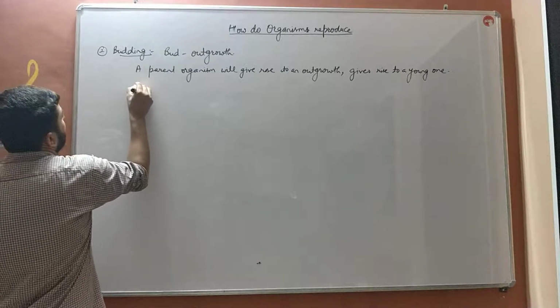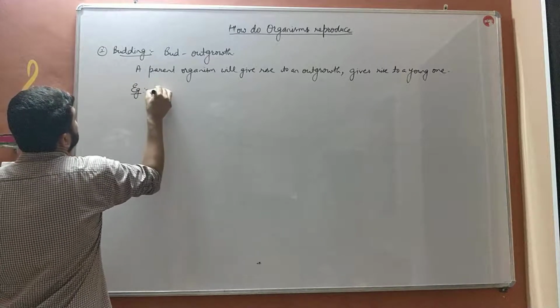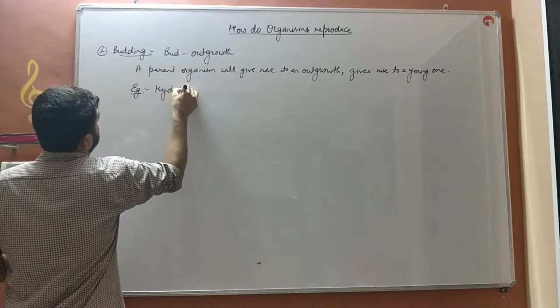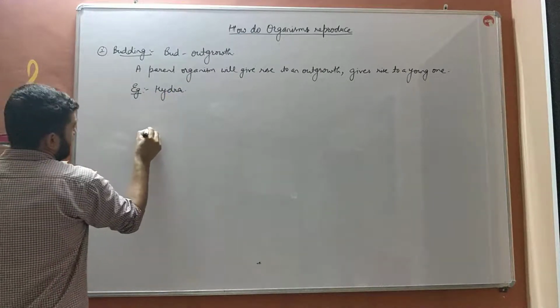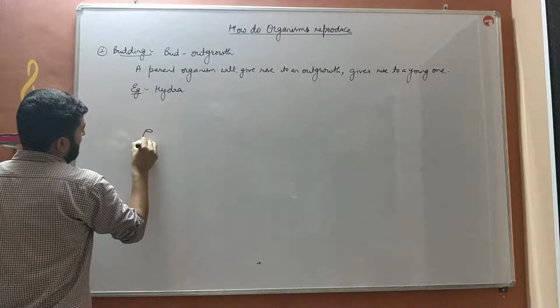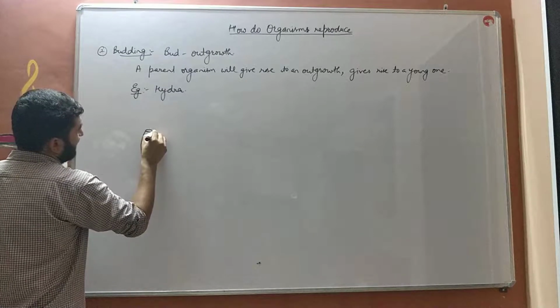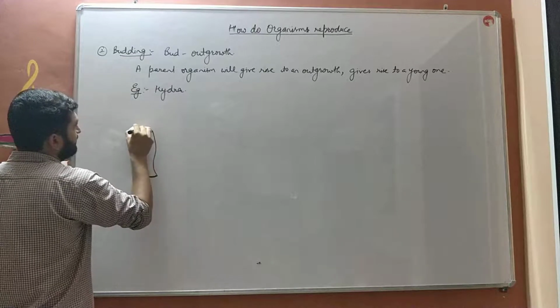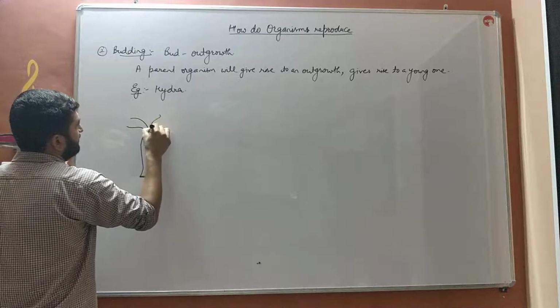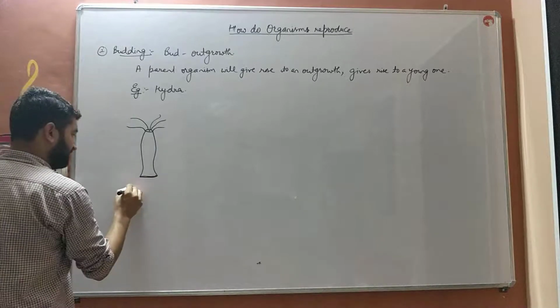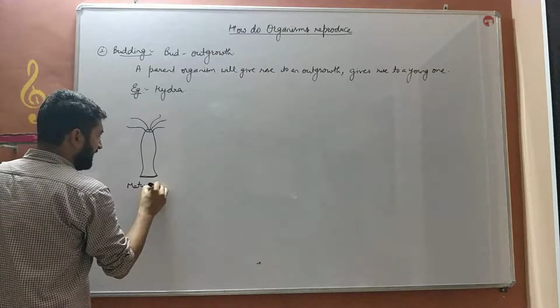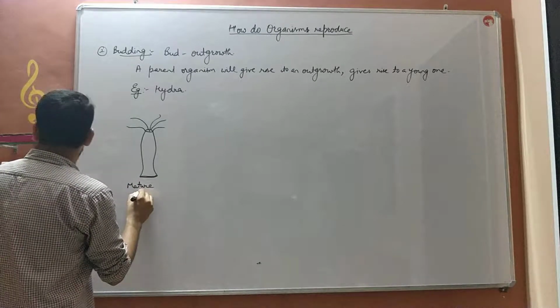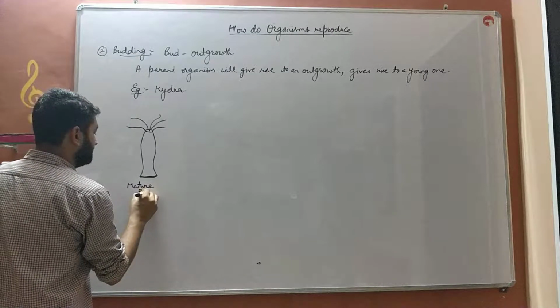The example of budding which we'll discuss is hydra. After a certain time, the parent hydra gets matured and an outgrowth is developed from it.